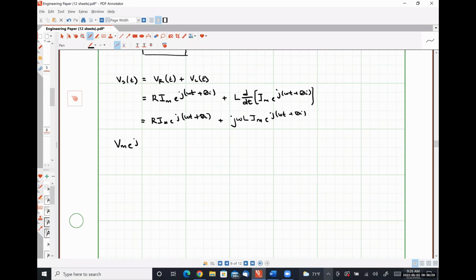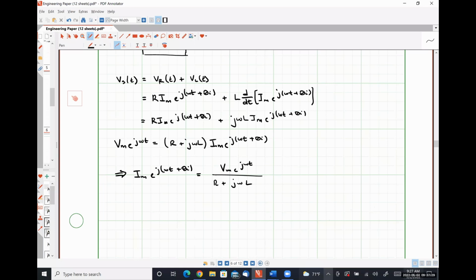Vm e to the j omega t is equal to R plus j omega L times Im e to the j omega t plus theta I. And from this, I can say that Im e to the j omega t plus theta I is equal to Vm e to the j omega t over R plus j omega L. I have a complex number on the left-hand side. I have a complex number on the right-hand side.